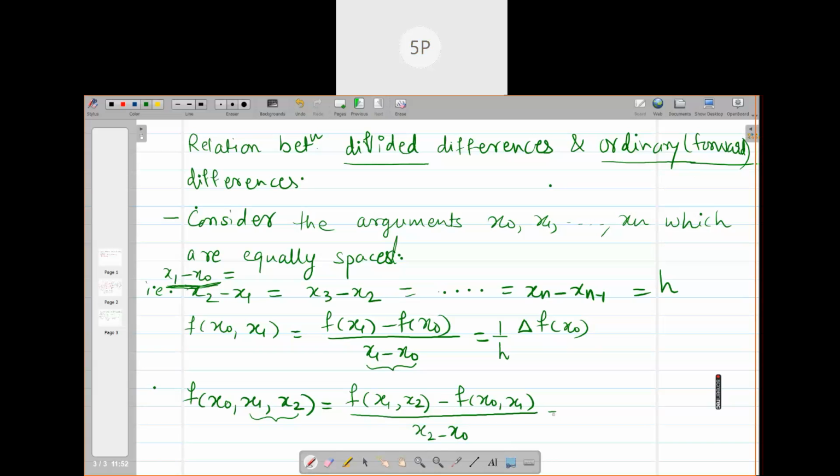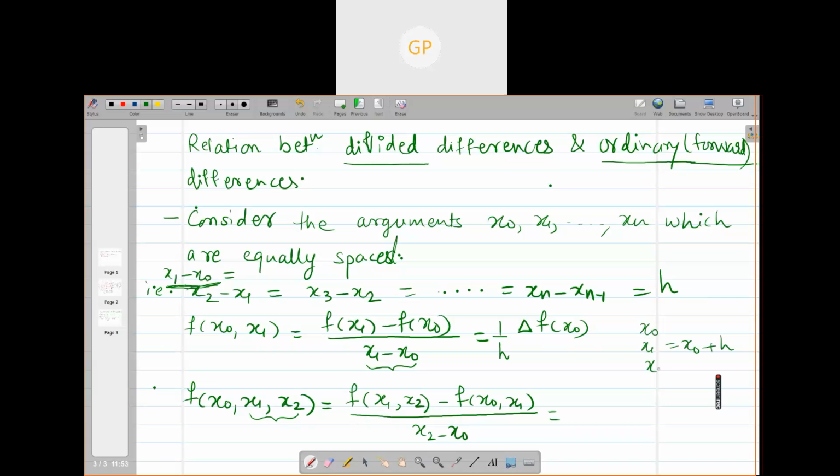Now what is x2 minus x0? What is the difference between the third and the first argument? This is x0, then x1 is x0 plus h.